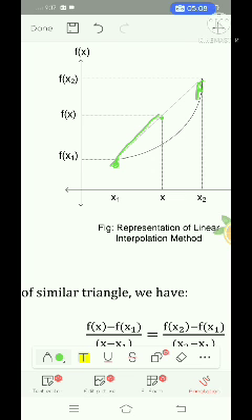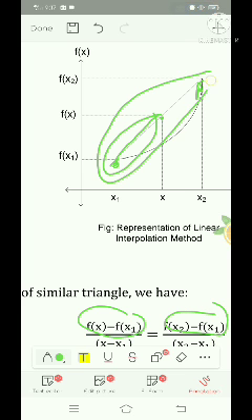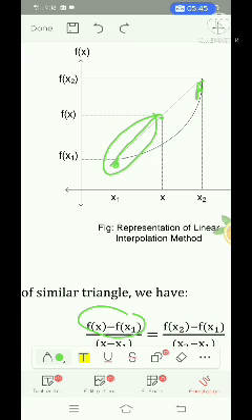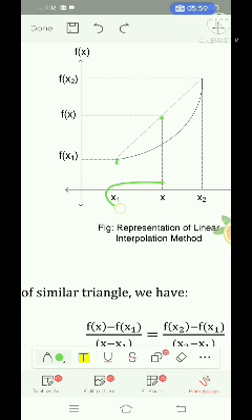So what we are trying to compare here is similar triangles, right? The same parts, like for example the hypotenuse of the small triangle, you compare it to the hypotenuse of the big triangle. That is what we do here. So this f(x) minus f(x1) is that part, while this f(x2) minus f(x1) is the other. Small hypotenuse and big hypotenuse. Now, how about the denominator? In the denominator we use x minus x sub 1, which is the adjacent side of your triangle, and the other one is x sub 2 minus x sub 1.